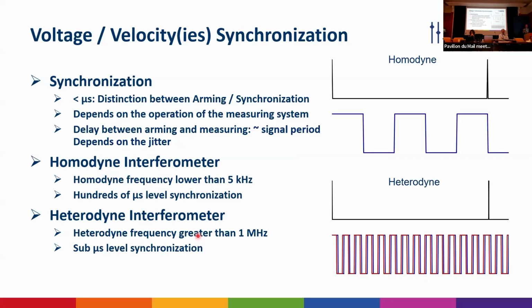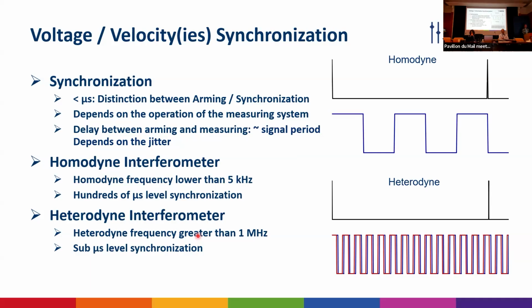So when we are talking about synchronization, we typically send an arming or triggering signal to the instruments, and then the instruments know that they will have to measure. Then the instruments need time to prepare their measurement, usually with typical TDCs or acquisition cards that we can use for frequency measurement. This time is very short, and then the instrument will wait for an event.